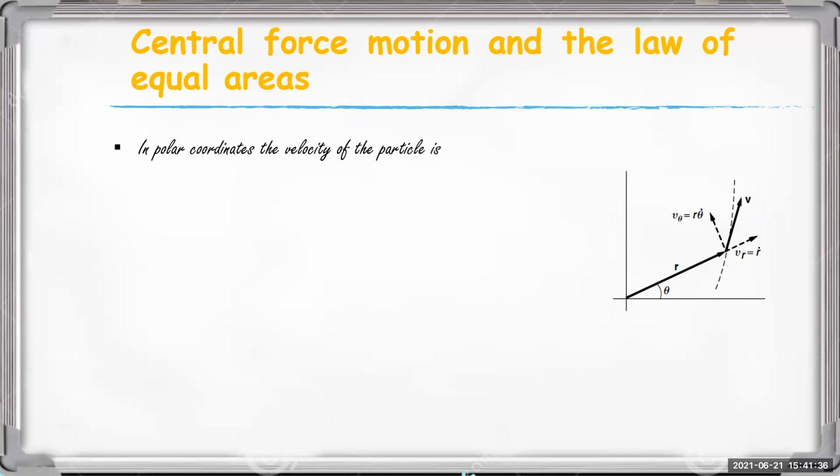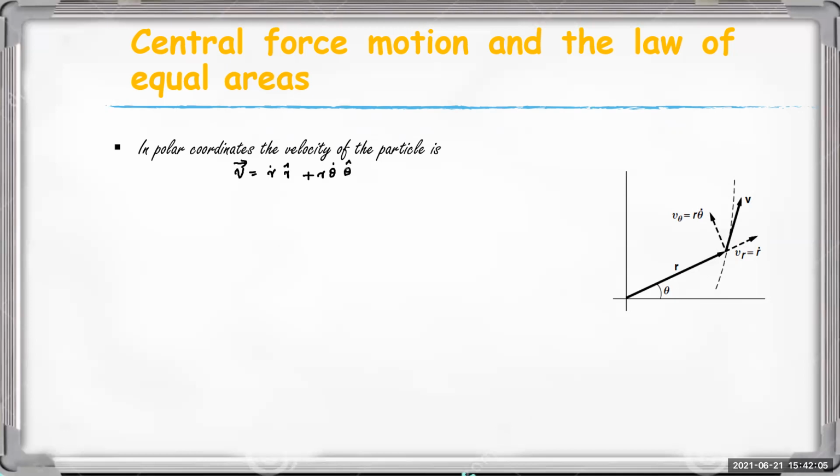in polar coordinates, the velocity of a particle is equal to, what is the expression of velocity in polar coordinates? It is r dot r cap plus r theta dot theta cap.